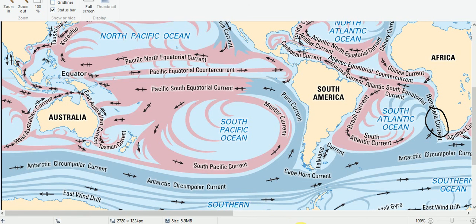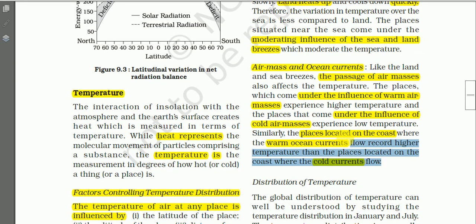As mentioned here, when warm ocean currents flow, the place will record higher temperature, and when cold ocean currents flow nearby the coast, the temperature will be lowered and there may not be rainfall. In this way, ocean currents affect the temperature.